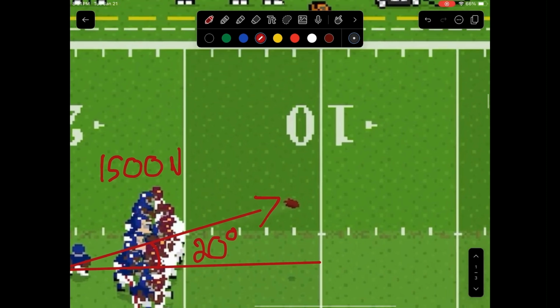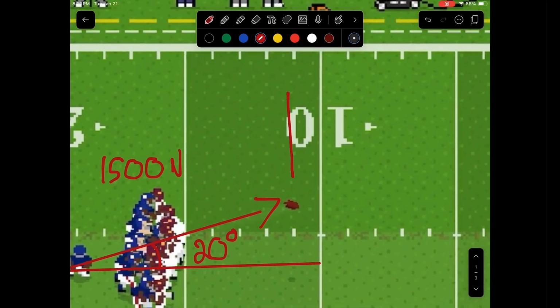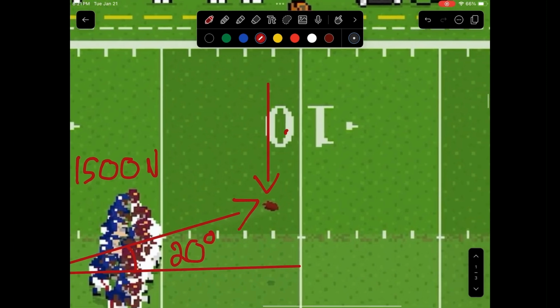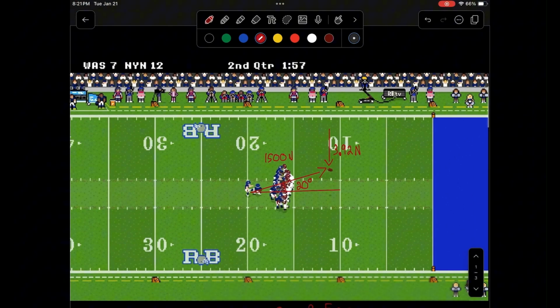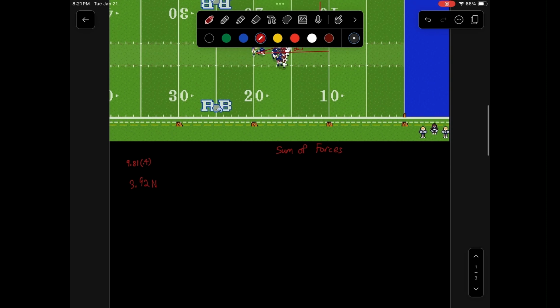From that, now that we have the force of gravity acting straight downward on the ball, we must break down the force of the kick into its vertical and horizontal components, so we can then combine the two vertical components that we now have.